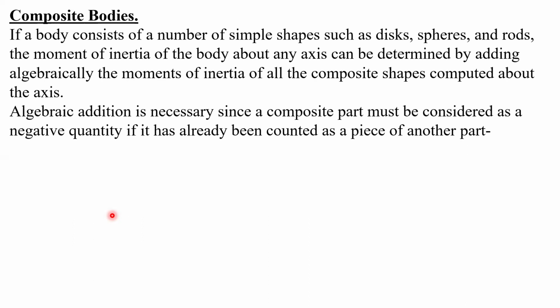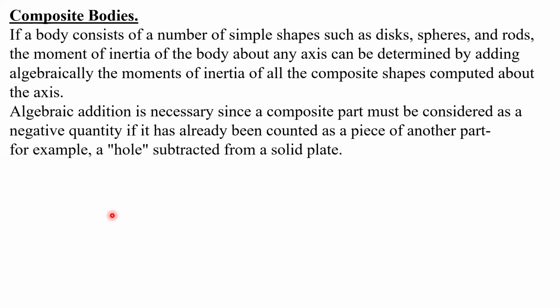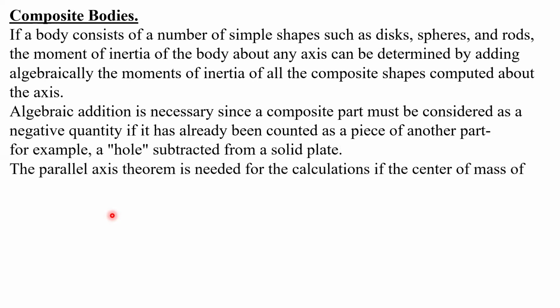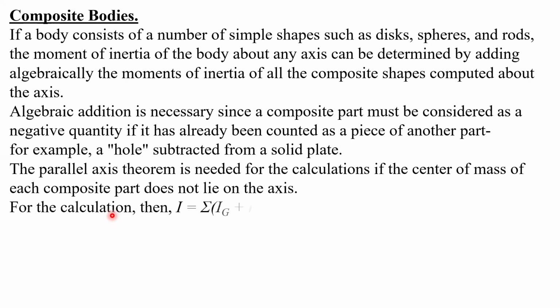That is, when you have a body protruding into another body, or when you have a slot, that is a hole, then you have to look at them as negative. So, for example, a hole is subtracted from a solid plate. The parallel axis theorem is needed for the calculation if the center of mass of each composite part does not lie on the axis.